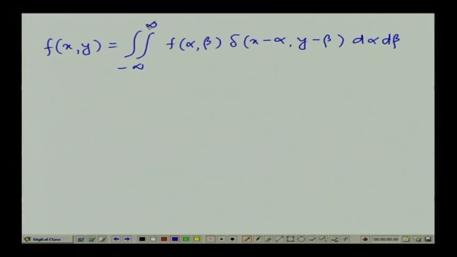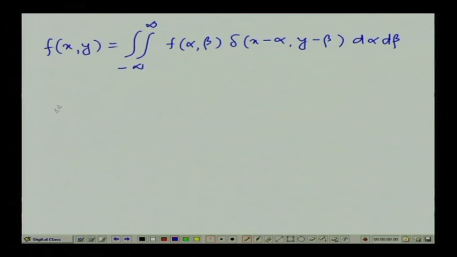So, we find that we have an equivalent mathematical expression, and in this case we can formulate f x y, the two dimensional function f x y, in terms of the value of the function at a particular point alpha beta, and in terms of the delta function delta x minus alpha y minus beta.